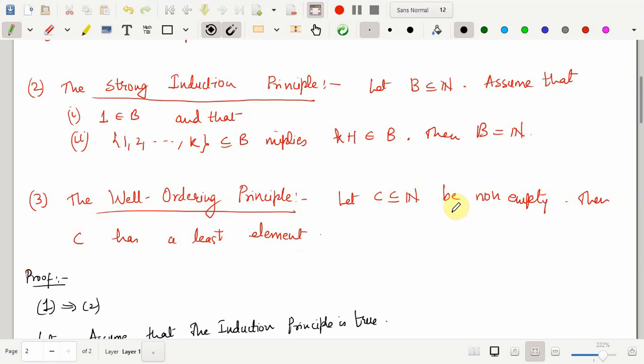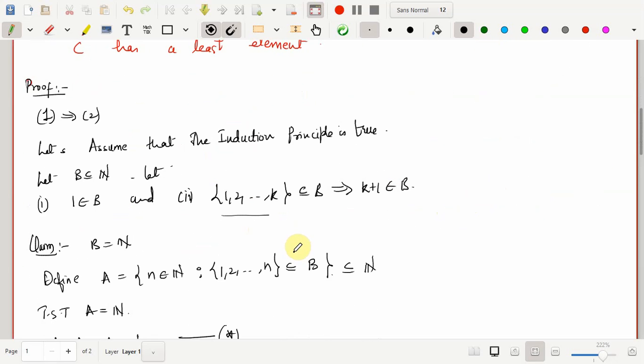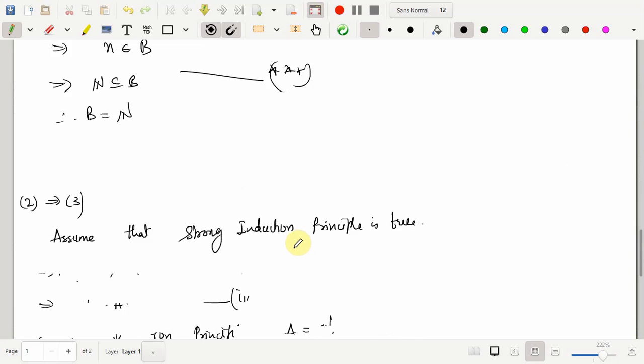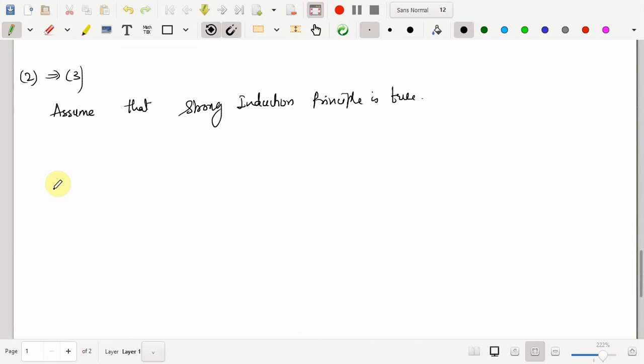So what I'll do is that I'll start with any subset C of N, and I'll say that it does not have a least element. So we prove the contrapositive of the statement.